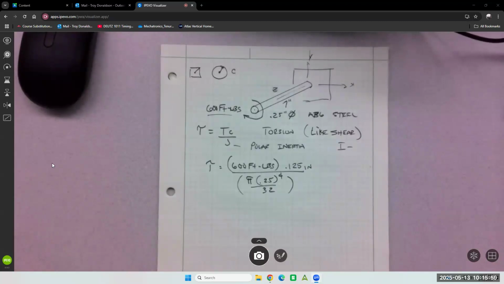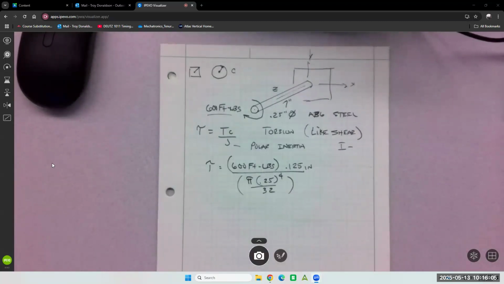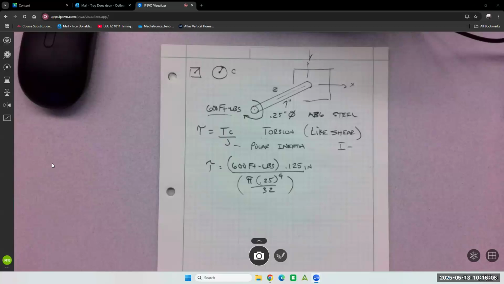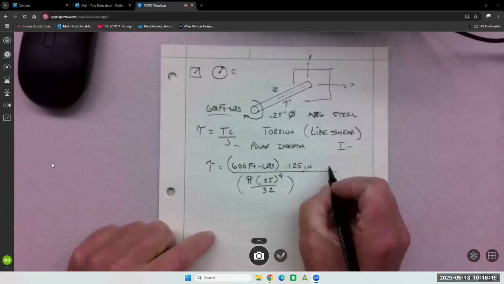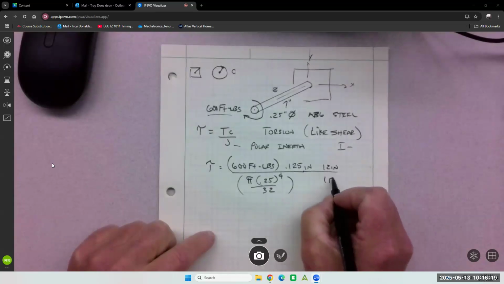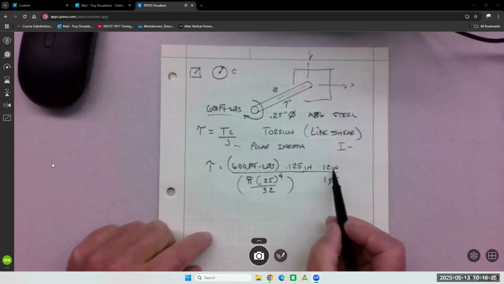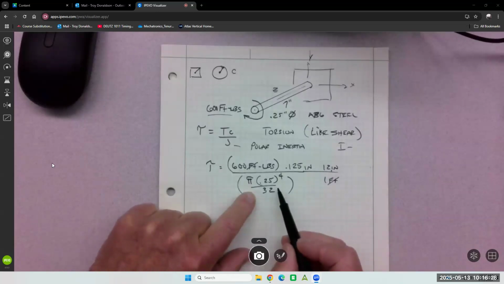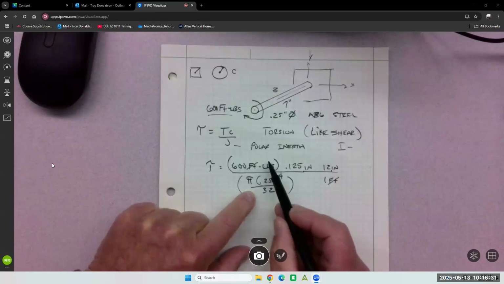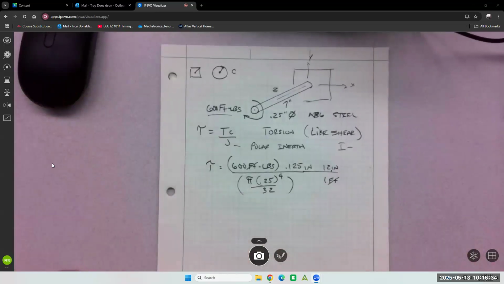That's J. It's not all going to work out to PSI, because we have this foot in here, so we have to get rid of the feet. 12 inches per foot, so I write the 12 inches above and 1 foot below, and the feet cross. Now I have inches squared above and inches to the 4th below, leaving pounds per square inch, PSI. So make sure your units work out when you're running this equation.